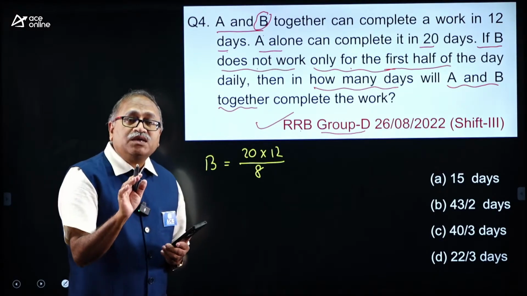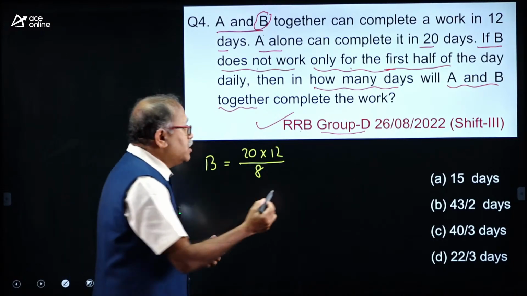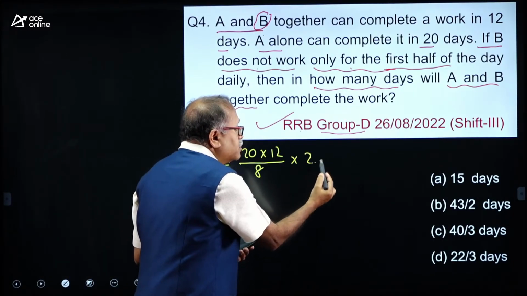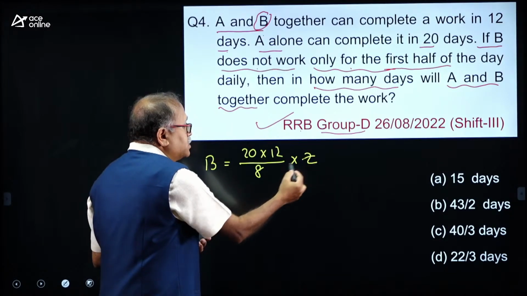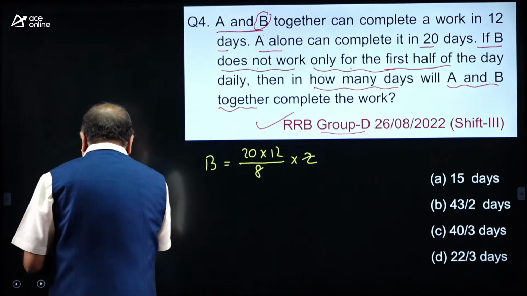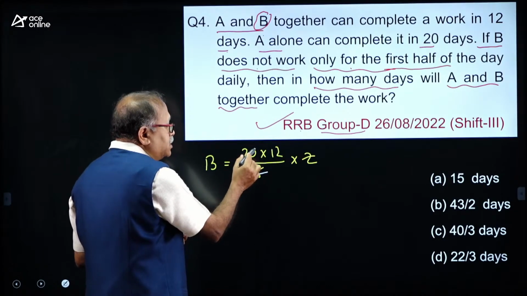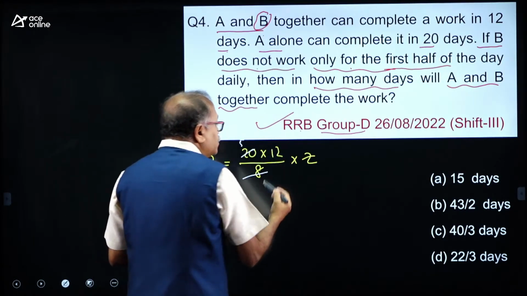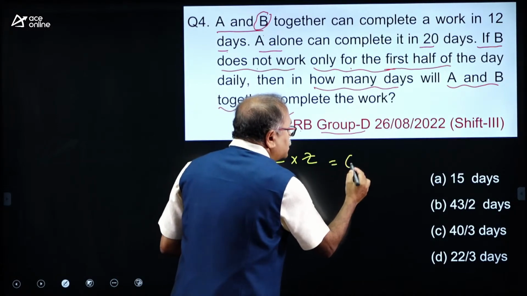And as B is working half the day, then the number of days will become double. Okay. Now, you notice that this gets cancelled 4 times, this gets cancelled 4 times, and with 4 this 5 times, that means 12 into 5, then he will be taking 60 days.